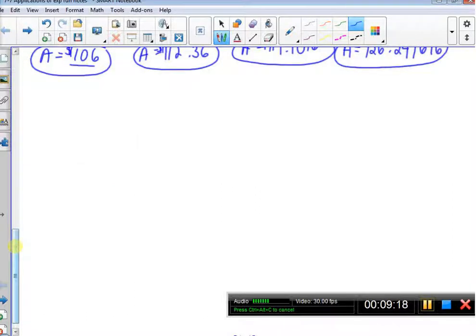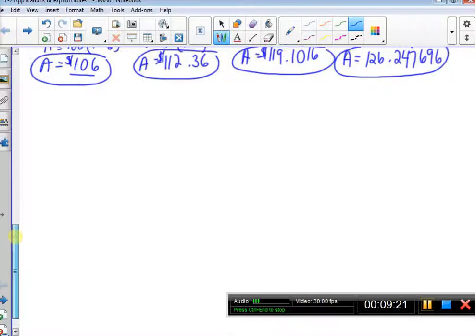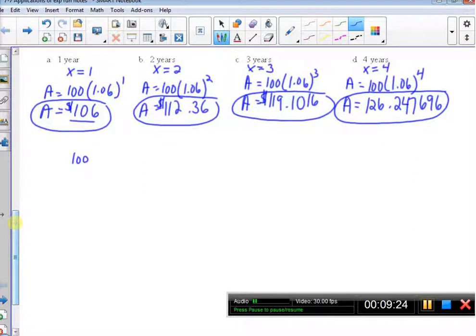If you took $100 and multiplied it times 1.06, you get 106. Then if you took that value 106 and multiplied it times 1.06, the first one should be year 1 and the second one year 2.